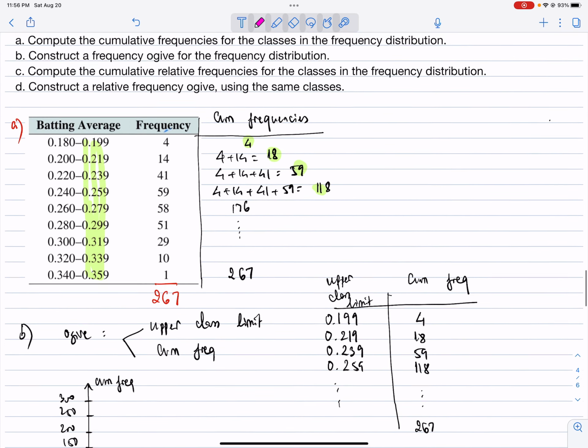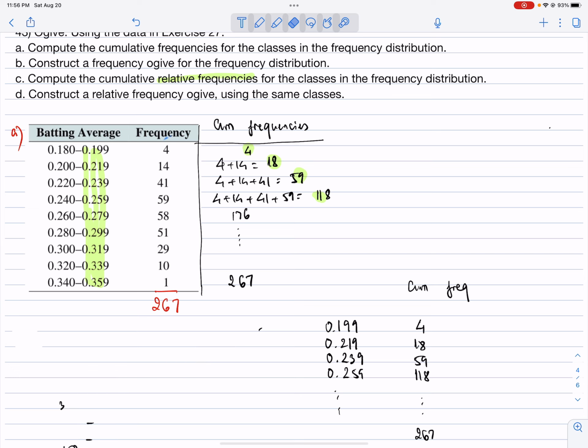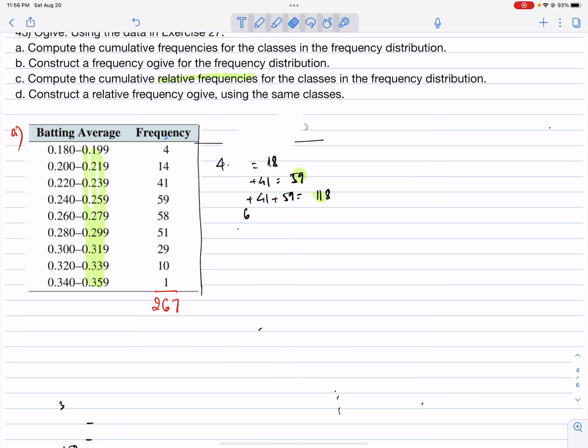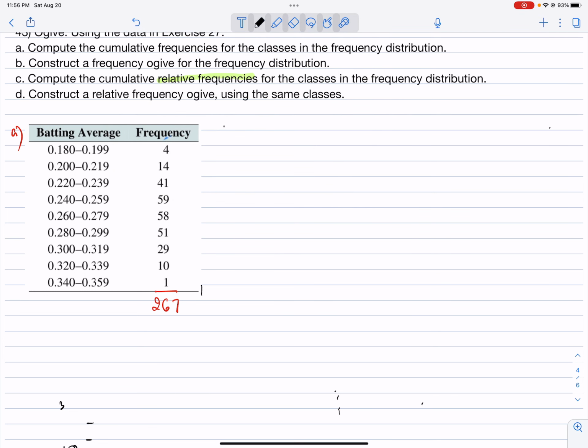Then we do part C, compute the cumulative relative frequencies. So first of all, we need to calculate the relative frequency. And then we calculate the cumulative. So let's erase the cumulative numbers. You remember how to calculate the relative frequency?